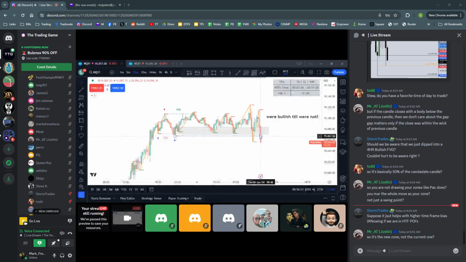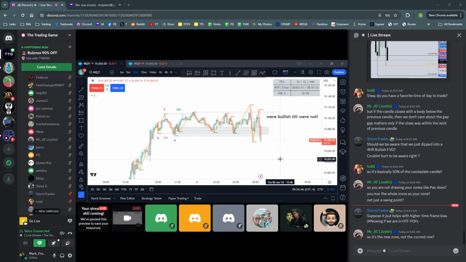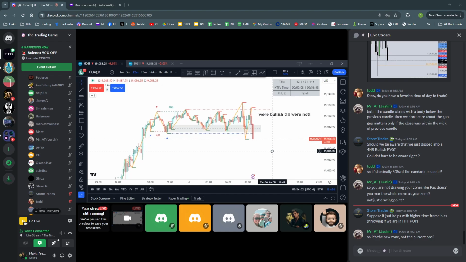Until we break here. Once we close this candle in 3 minutes, as long as it's below this protected low, our protected high is going to be here. Sorry, it might be here.